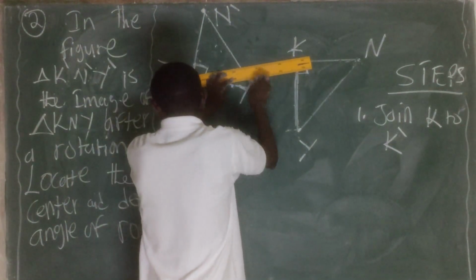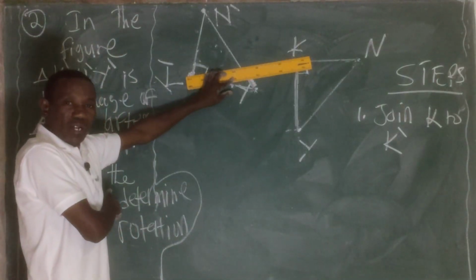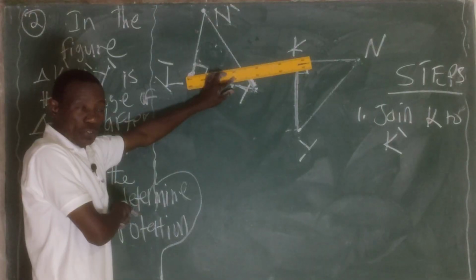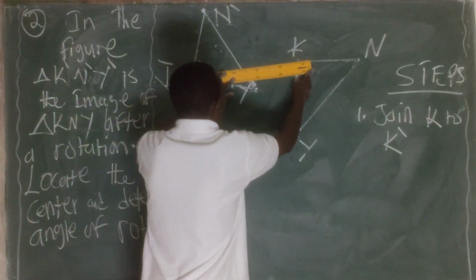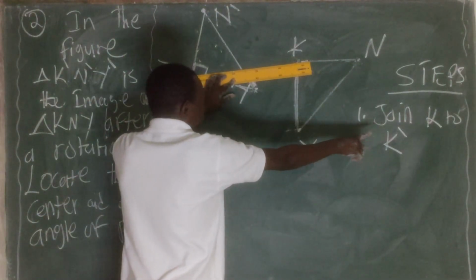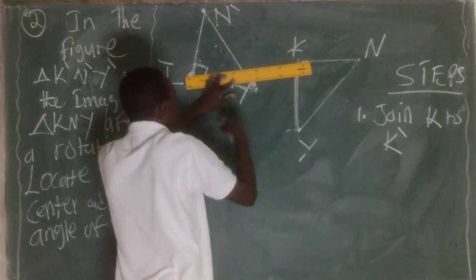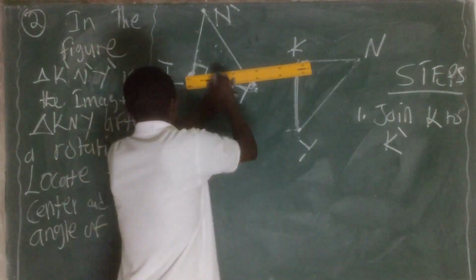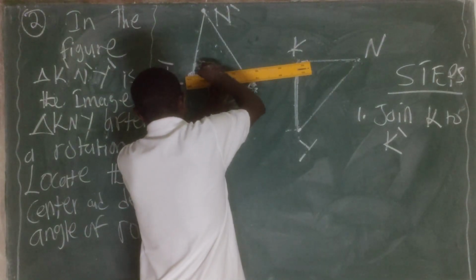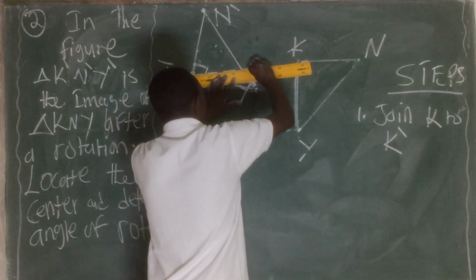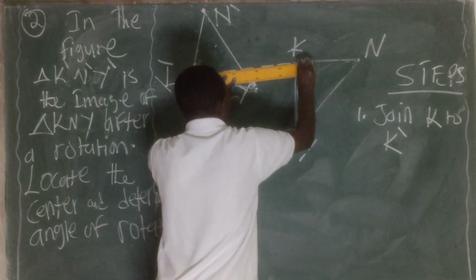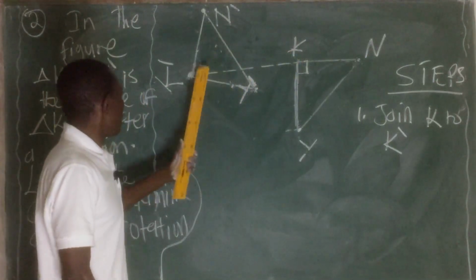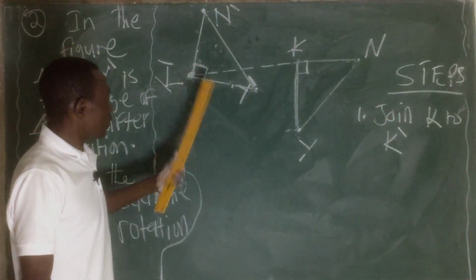Remember, our aim is to come up with the center of rotation and then the angle of rotation. So you can join n and n prime, or y and y prime, any. I'll have k prime connected to k, the object point and the image point.